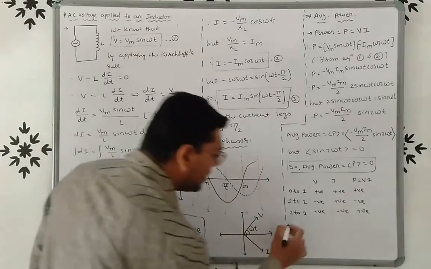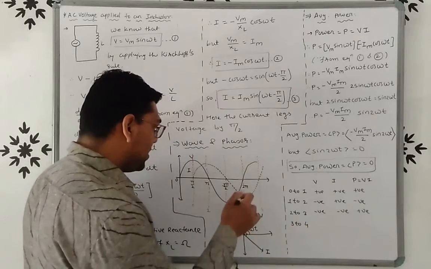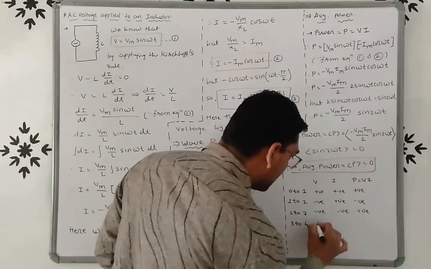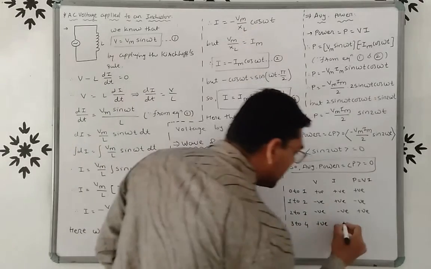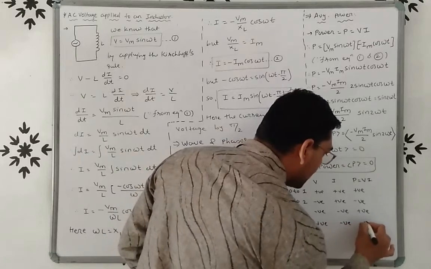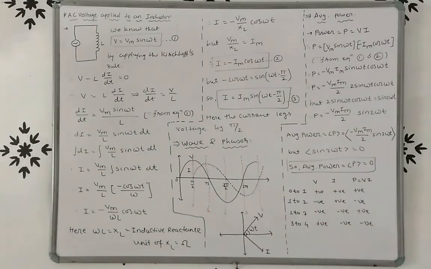And from 3 to 4, what happens? See, the voltage is positive and the current is negative. So here the product becomes negative, right? So here we consider the different cases.